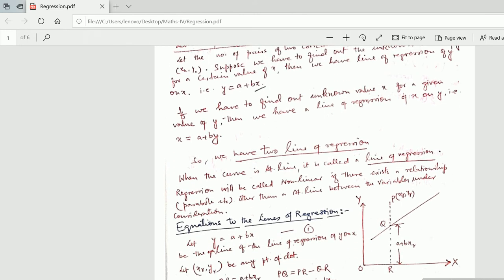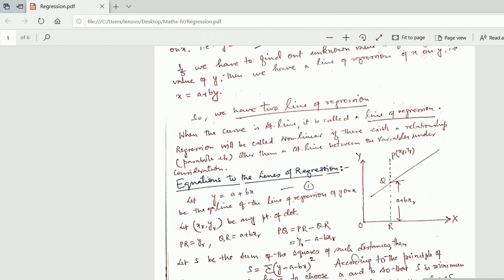If we have to find out unknown values of x for a given value of y, then we have the line of regression of x on y, that is x is equal to a plus by. So we have two lines of regression. When the curve is a straight line, it is called a line of regression. Regression will be called nonlinear if there exists a relationship other than a straight line between the variables under consideration.